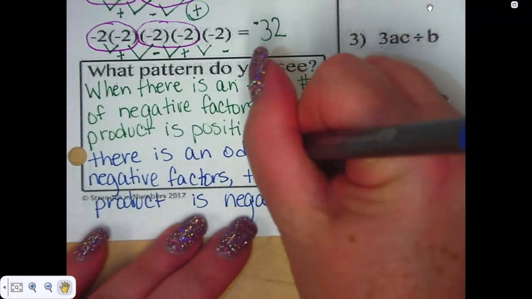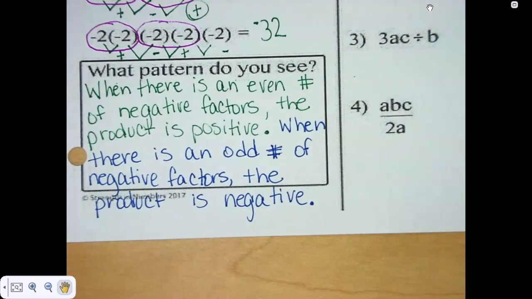When there is an odd number, that's a number sign, the product is negative. Anybody still writing? Okay.